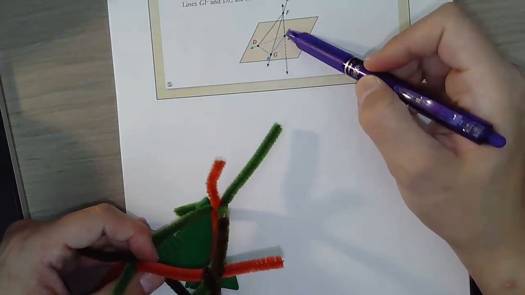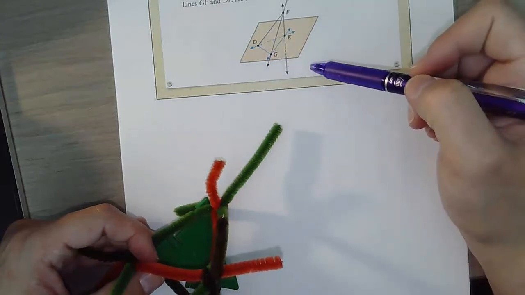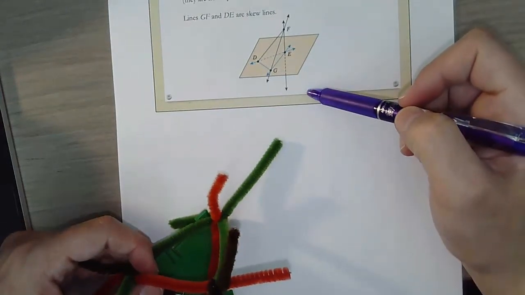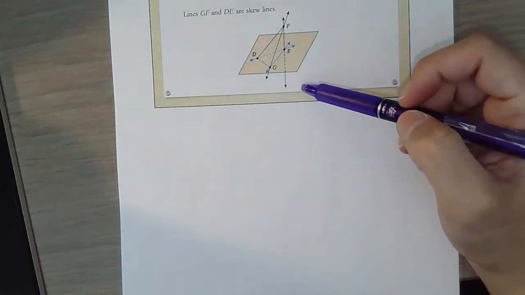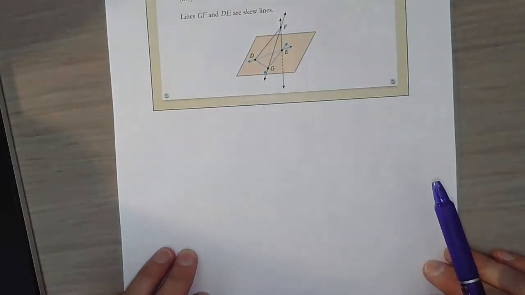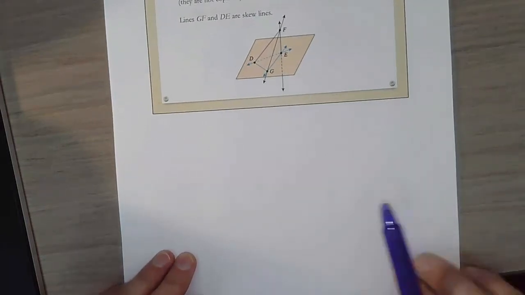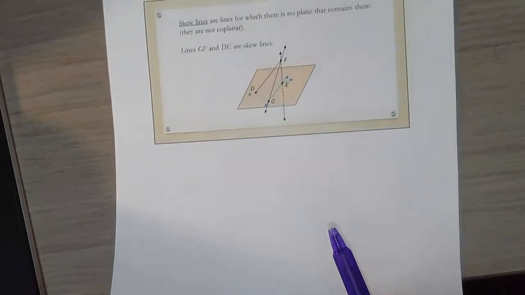GE and DF would be skew lines. So anything that is not within the same plane, things that are on opposite sides of the object, are going to be skew lines.